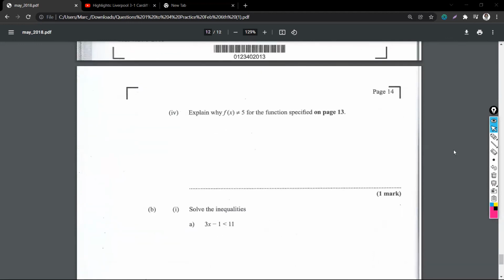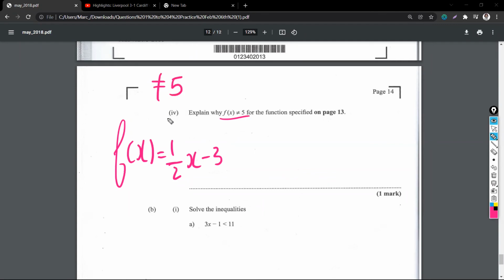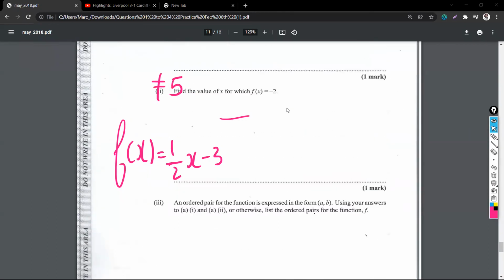All right, guys. So another one now says, explain why f of x, remember f of x is equal to half x minus 3, explain why f of x is not equal to 5. Well, the reason why it's not equal to 5, guys, is because the only pairs that it has is 1, 2, and 3.